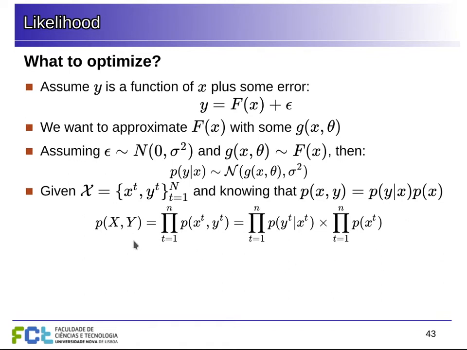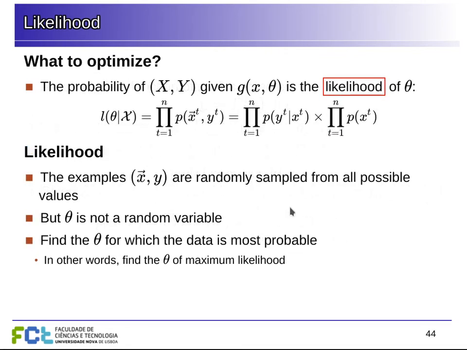So we can compute the probability for our whole data set by just multiplying the probabilities for the individual points. So now if we can compute the probability of x and y from our function, this is the likelihood of the parameters in our function.